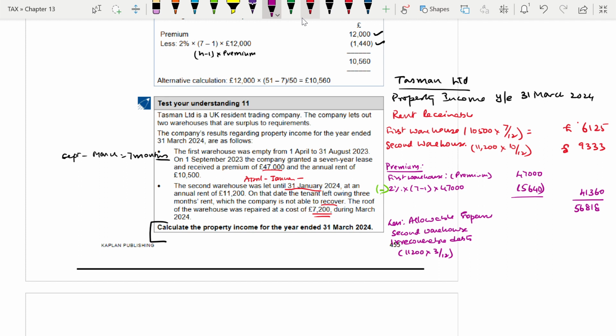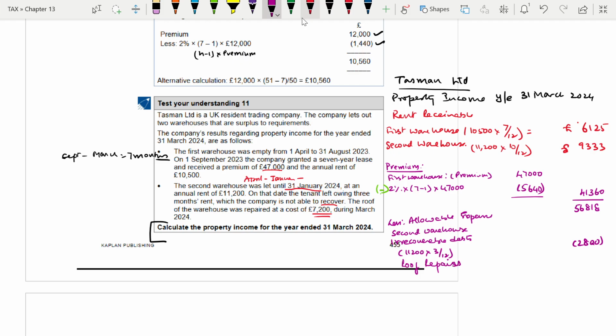11,200 times 3 divided by 12. How much is there? 2,800, irrecoverable debts. Okay, 800. They have done roof repairs also.